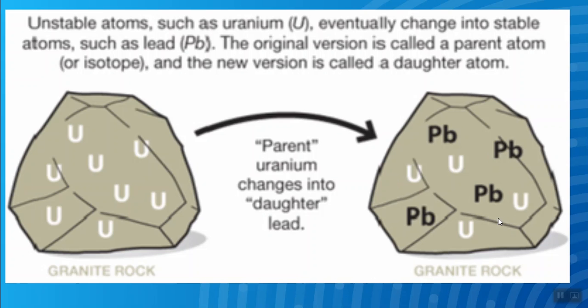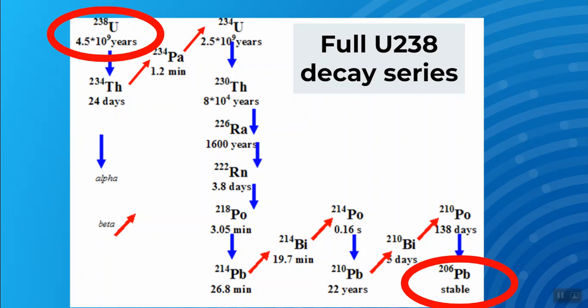Now, it looks simple here. It's actually super complicated, and there's the picture of what actually happens. This is the full uranium-238 decay series. It doesn't just go from uranium-238 to lead-206. It actually goes through a whole bunch of different isotopes of different elements to get there. And notice the half-life of this uranium.